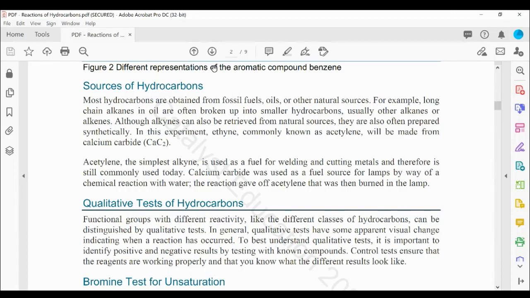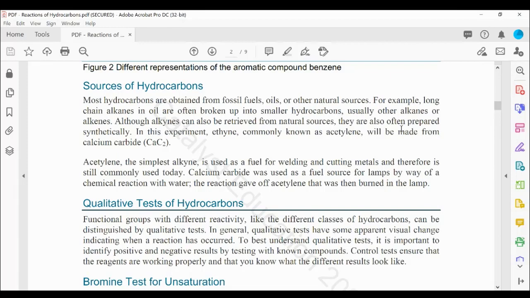So in this experiment, we will do the preparation of acetylene, and we will perform 2 qualitative tests. This experiment is actually very simple. I'm just giving you an overview, so it's clear when you have to do your quiz and your report.